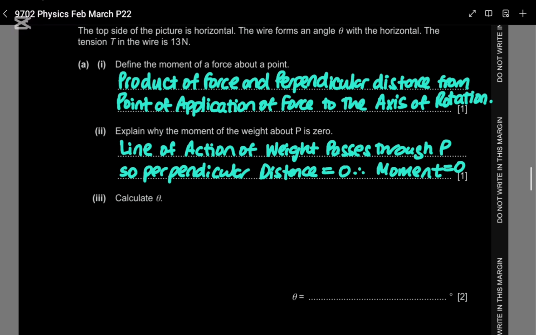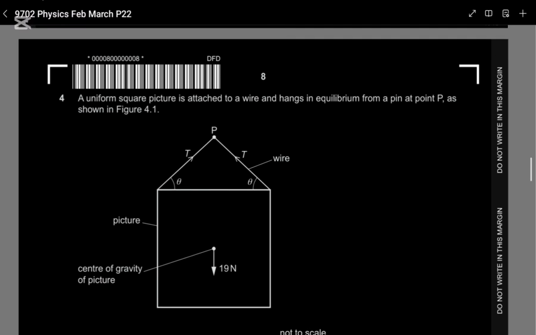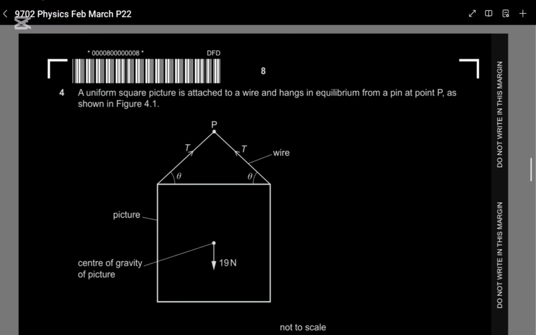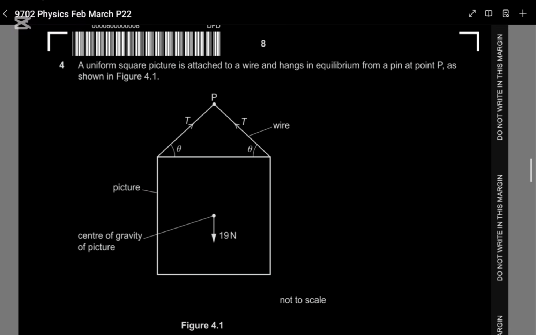Now calculate theta. Let's move back. They said that the picture hangs in equilibrium from a pin at point P, so it's in equilibrium. Whenever it's in equilibrium, the upward forces must be equal to the downward forces, and the force to the right should be equal to the force to the left. But we are going to focus on this point over here: F up is equal to F down.